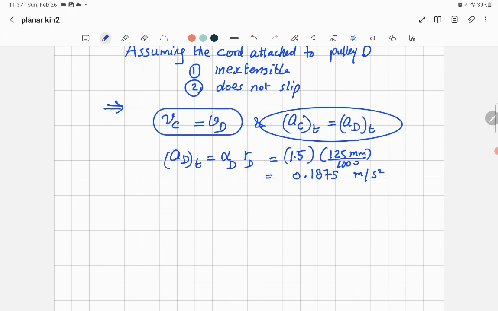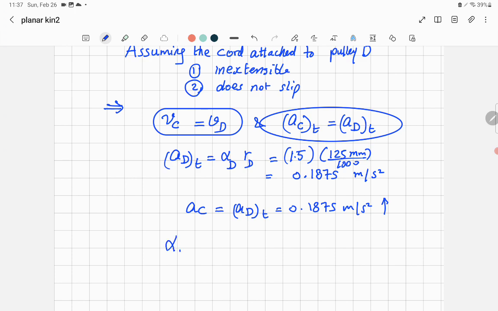Now I can say that the acceleration of the cylinder C, the tangential component, is equal to the same thing as the pulley, 0.1875 meter per second squared, and it's going upward, following it.